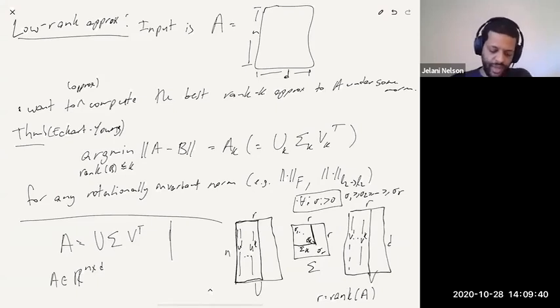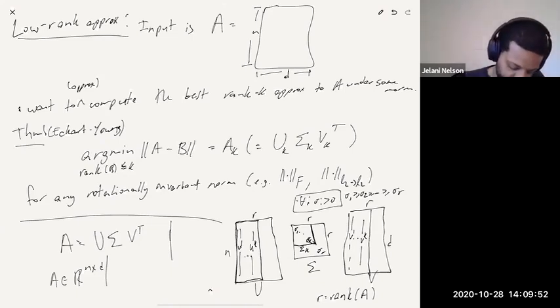By the way, another way to think about the SVD is that it's the same thing as the sum over i from 1 to R of sigma_i u^i v^i transpose.